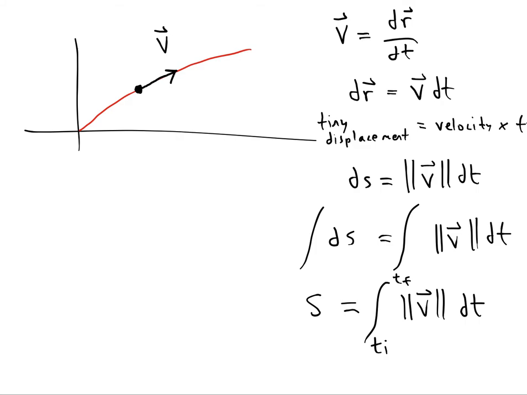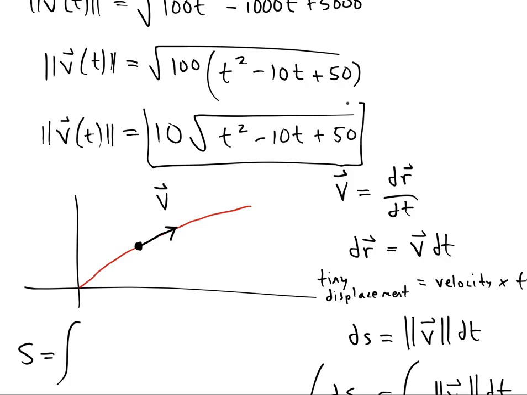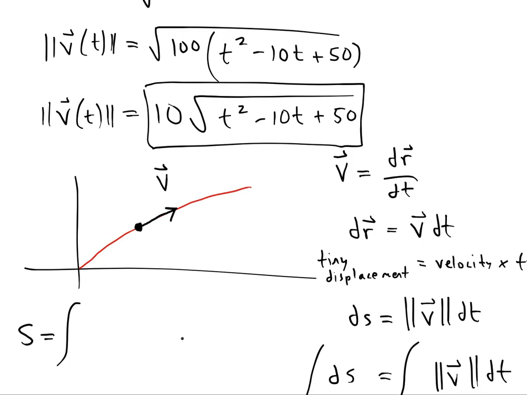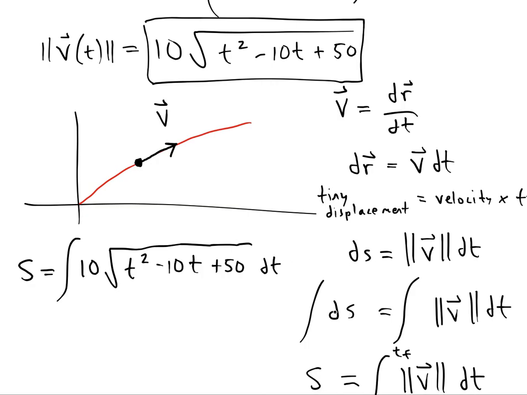So how do we set that up? We just have to make an integration where we put our formula for speed as the thing being integrated. So we'll do the integral of 10 square root of t squared minus 10t plus 50 dt. We want to go from an initial time of 0 to a final time of 10 seconds.